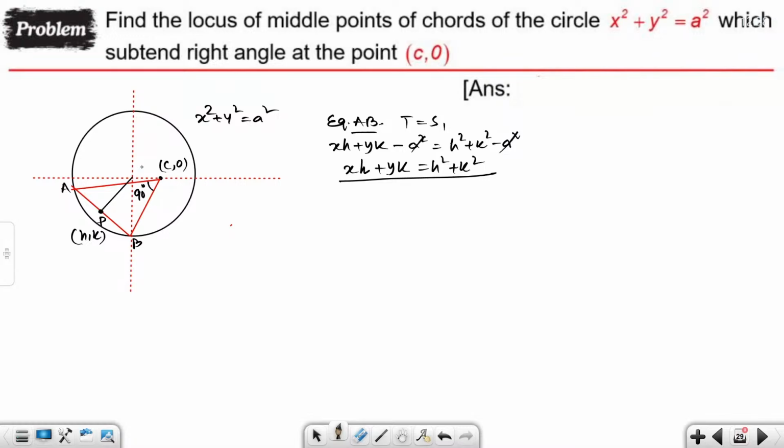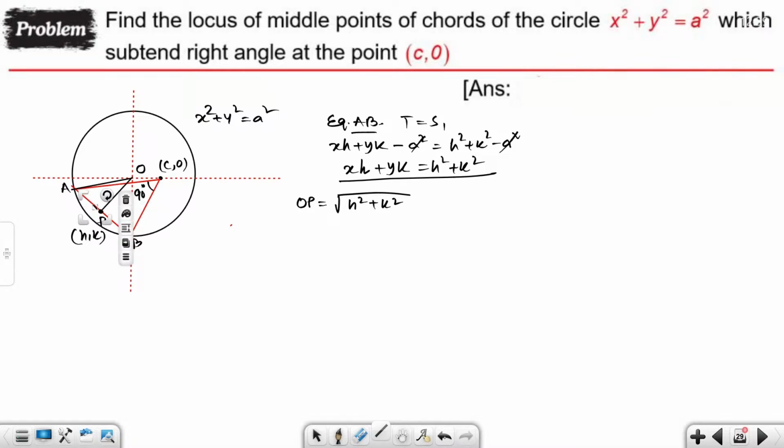This is the origin O. Now, what is my OP distance? OP is basically root over h squared plus k squared, right? And let me join the point A with O. This is the radius. This is 90 degrees.